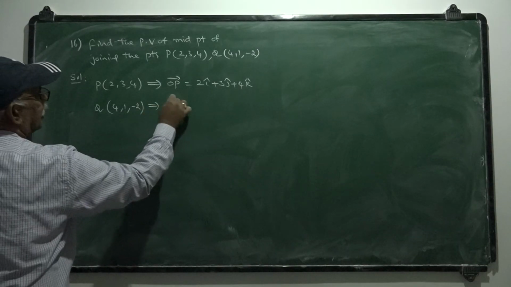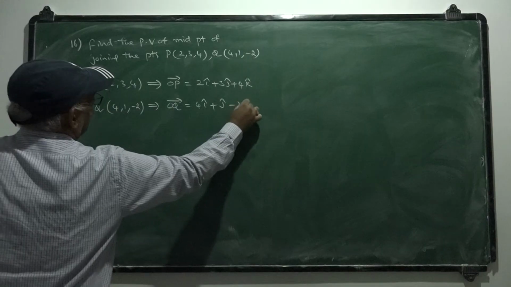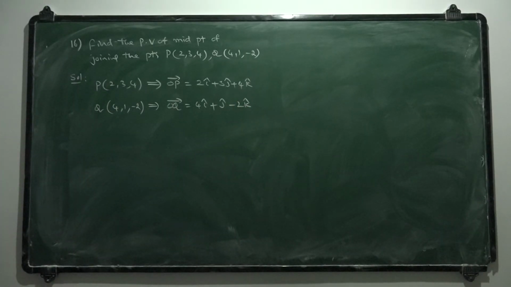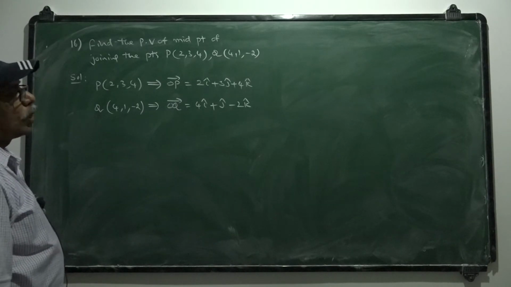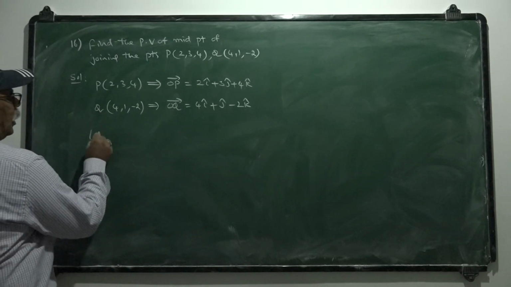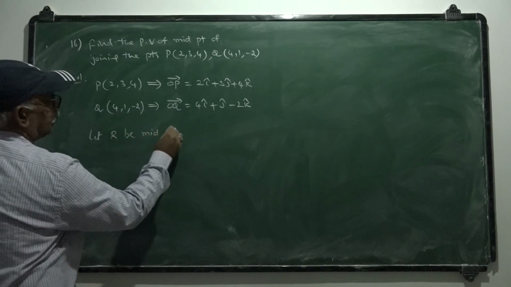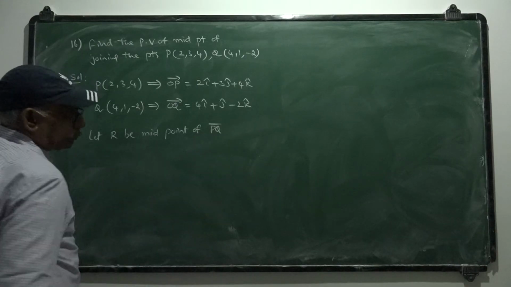That implies its position vector OQ bar is 4i plus j minus 2k. So the position vectors of the given two points are 2i plus 3j plus 4k and 4i plus j minus 2k. Let R be the midpoint of the line segment PQ.